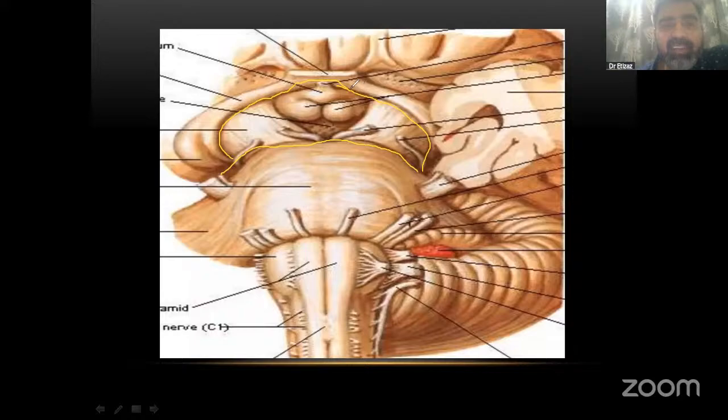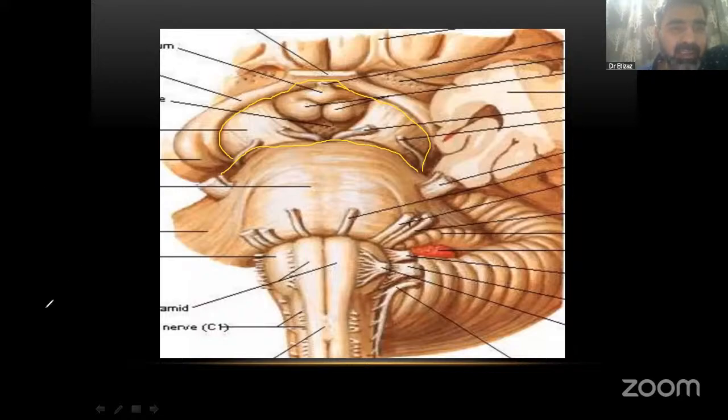When we see this anterior surface, it is made up of the cerebral peduncle. I am saying cerebral peduncle, not the cerebellar peduncle. Okay, there is a difference, so be clear about it.